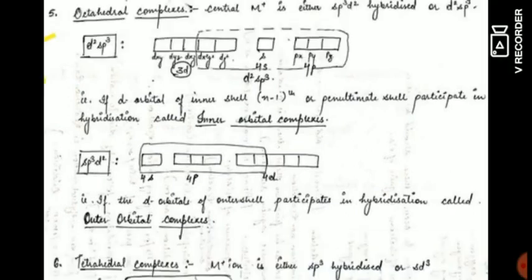That means s and p completely hybridize together, and these hybridize with dz square or dx square minus y square, and they form d2sp3 hybridized orbitals. That is, the d orbital of the inner shell, the penultimate shell, the n minus 1th shell.